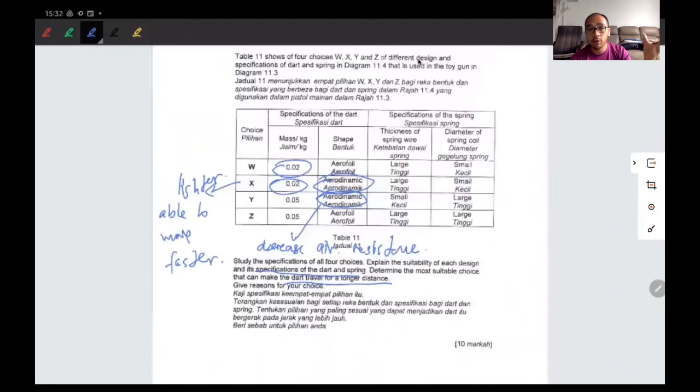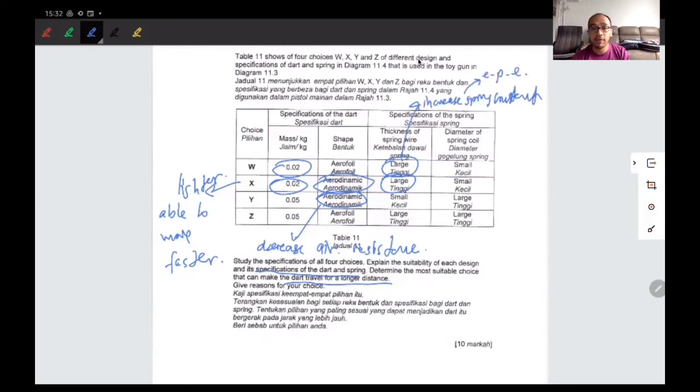Third one, in the spring itself, do we want a thicker spring or not so thick? Obviously, we want a thick spring. Sorry, the thickness of the spring wire should be big, so that you can increase the spring constant, or you can also say to increase the elastic potential energy.